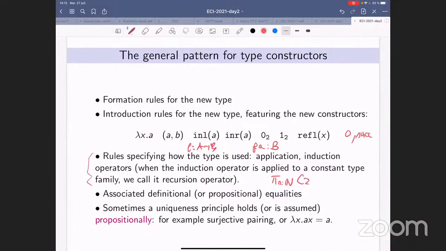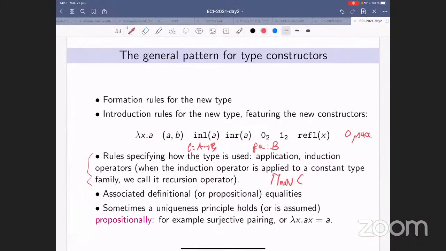For some family of types, depending on, it could be an n, why not? So it's pi n of type N, C n.